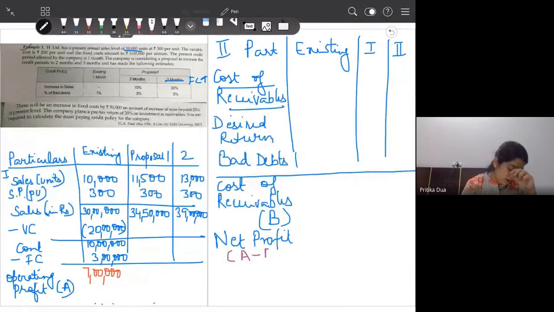Yes, what is the operating profit under proposal 1 and 2? So 8 lakh 50,000 and 9,50,000. Rest of you also check you're getting the same value.